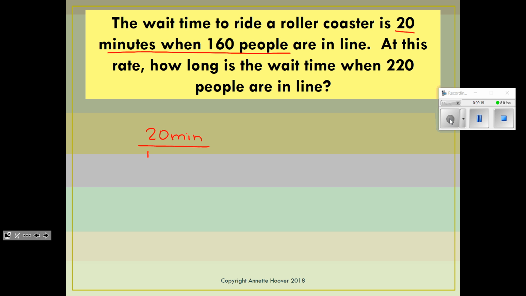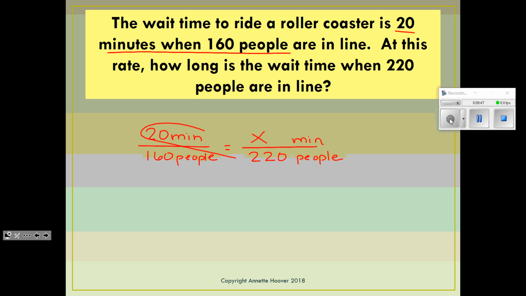When 160 people, it helps to label it because you want to make sure that when you set up your second ratio, you have the minutes on top and the people on the bottom, just the way you did in the first ratio. Second bit of information. At this rate, how long would the wait time be when 220 people are in line? So we put that at the bottom of the second ratio. Here's the unknown number that we're solving for.